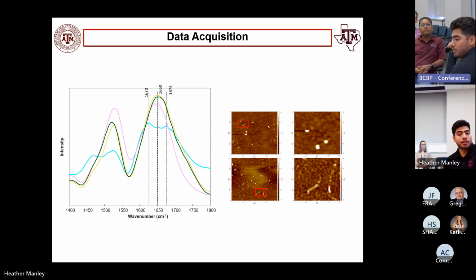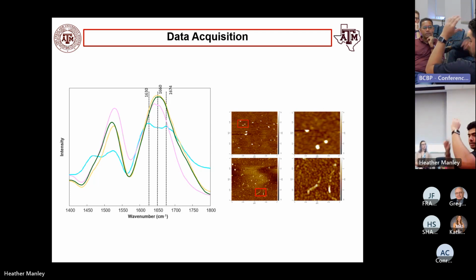On the right side first, we have examples of imaging used through the AFM. On the left half of those images, we have a 3x3 micrometer image, and just a few examples of different time points. The first one at the top is, if I'm not mistaken, 3 or 6 hours of this protein aggregation.